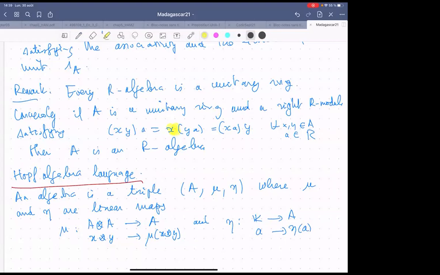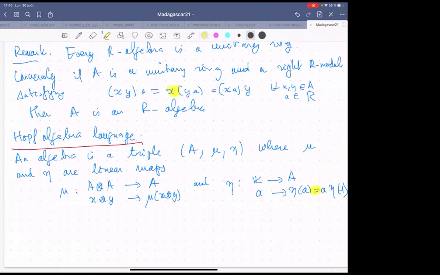Since I am assuming that these two maps, mu and eta, are K-linear, I can write eta of a as a times eta of 1. And here you recover the usual unit, what I called before E. Here it is eta of 1.